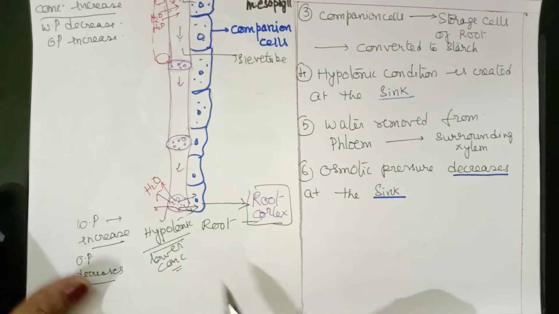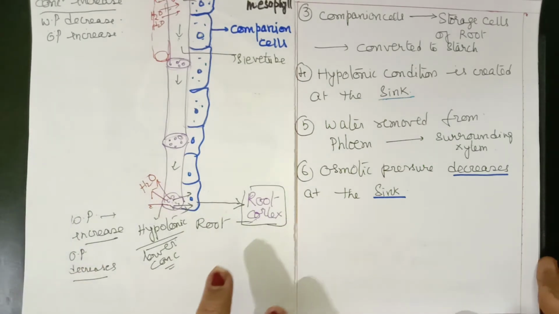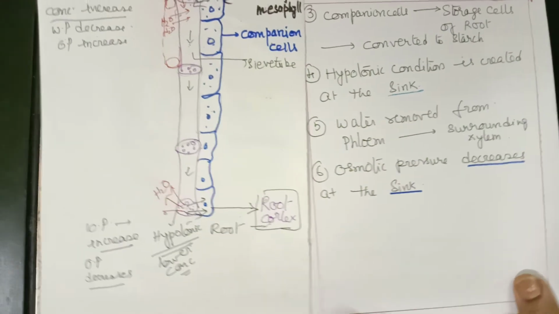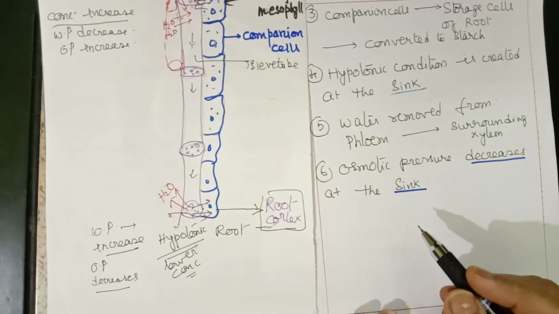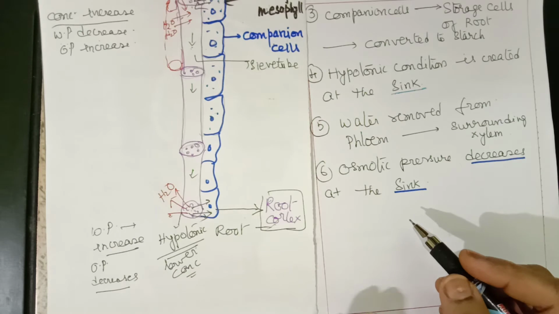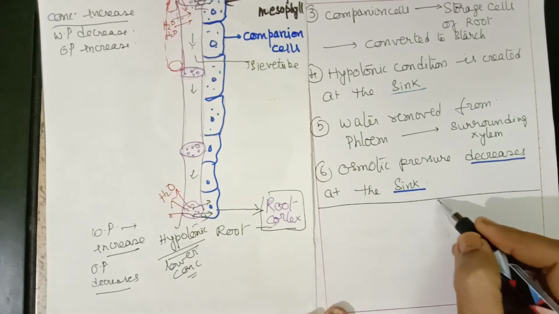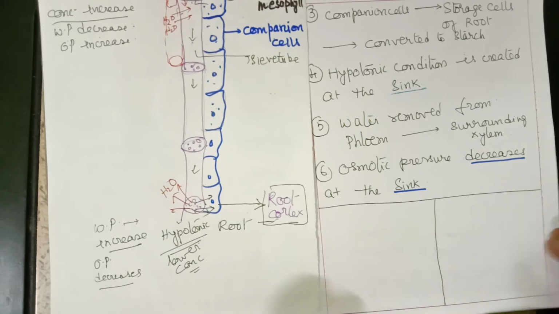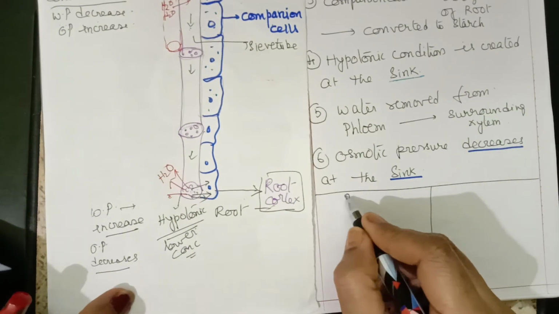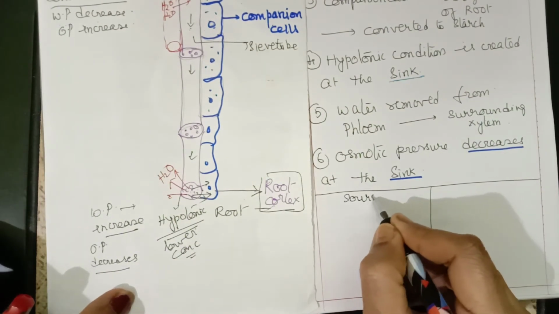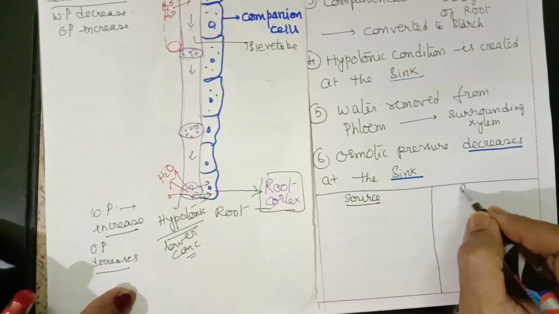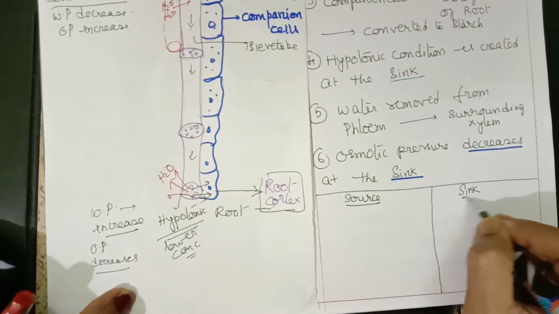So what are the basic requirements which are maintained for the source and sink? Suppose I have to summarize: what are the changes required at the source and then at the sink?